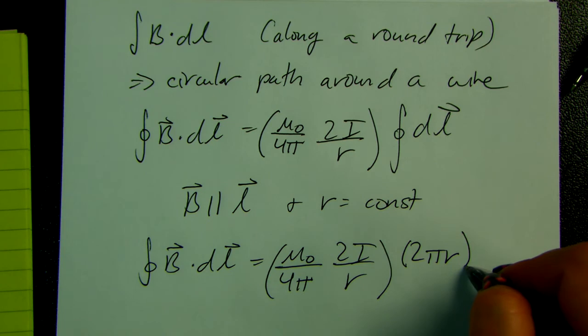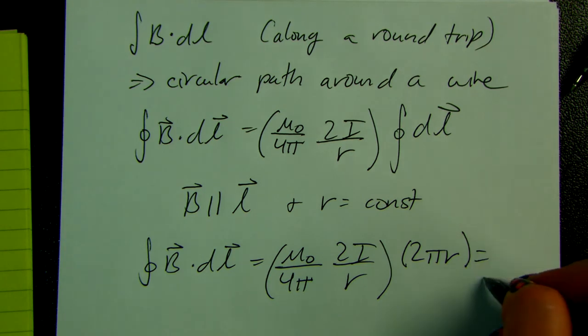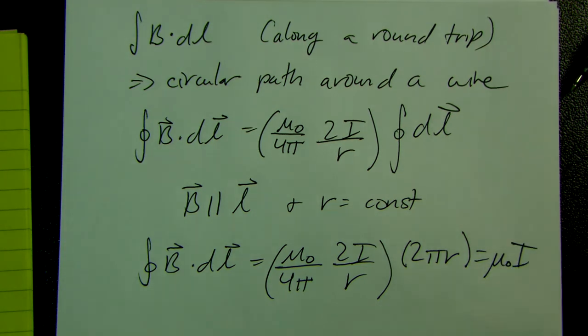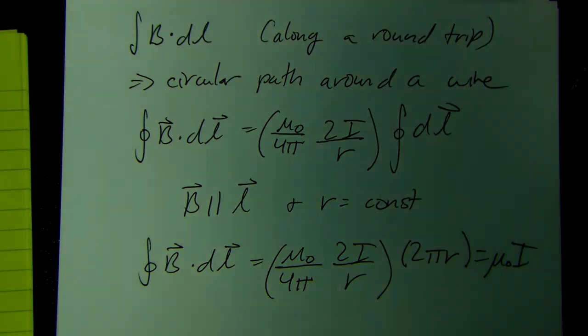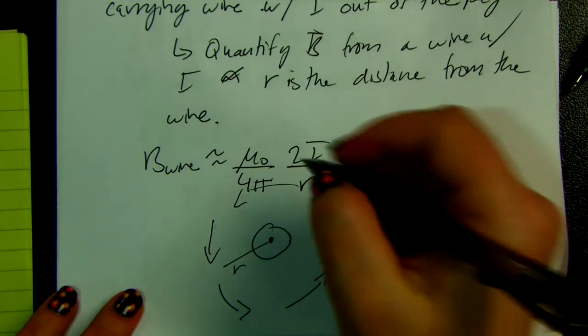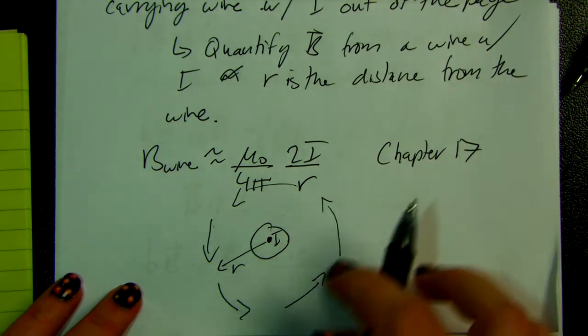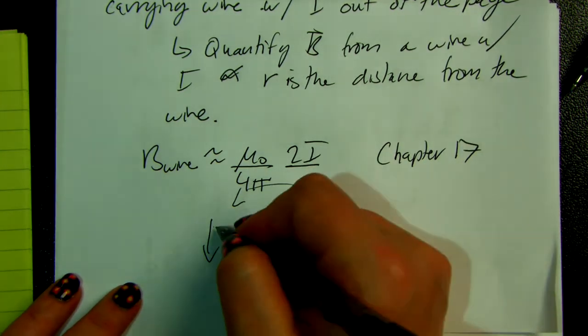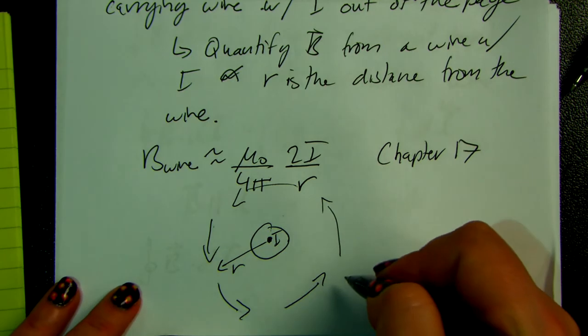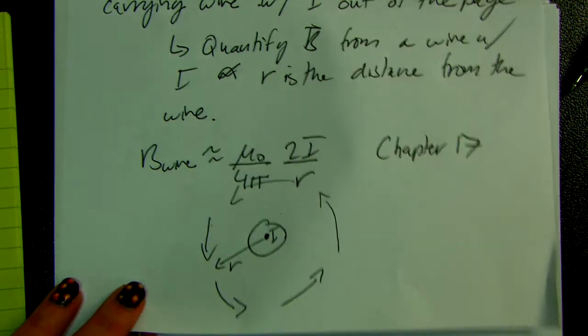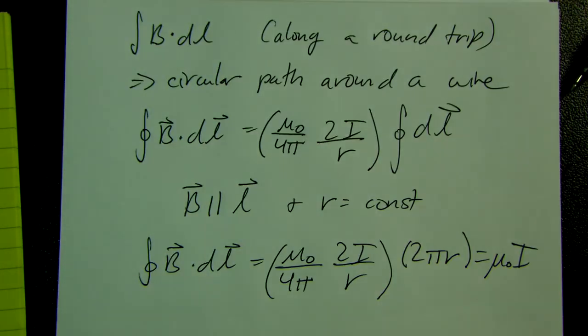And so this is equal to mu naught I. Going back to our picture, here's the current. It's coming out. Here's R. You're just walking along. We can see R and the magnetic field are parallel to each other. You're just picking up all of these contributions by going in a circle.